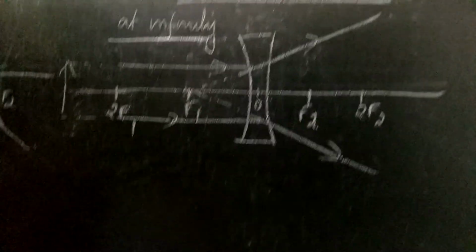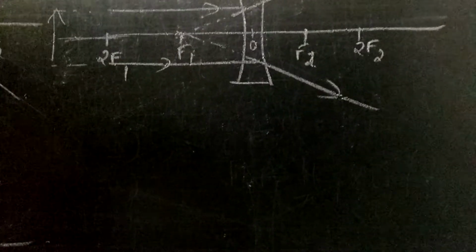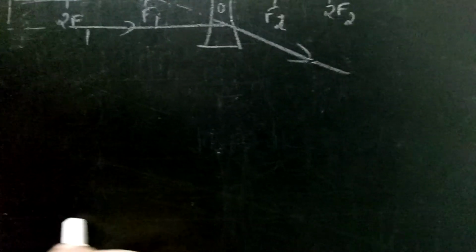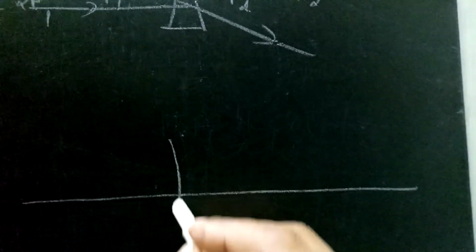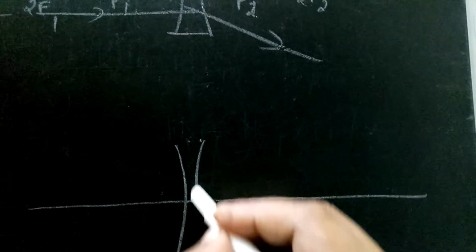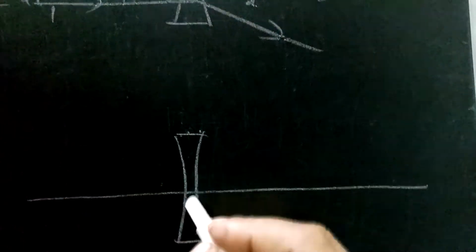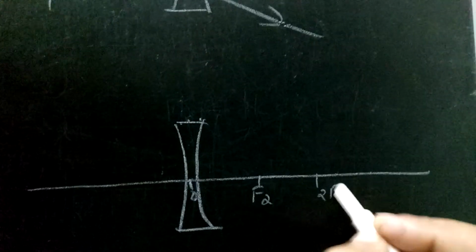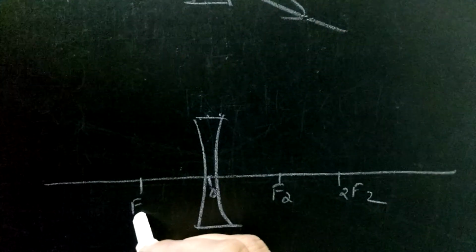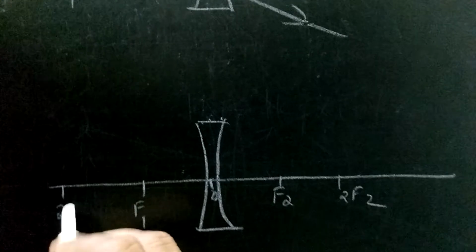Now when the object is between infinity and the optical center, here there are no other positions because it is a diverging lens. 2F2, 2F1.